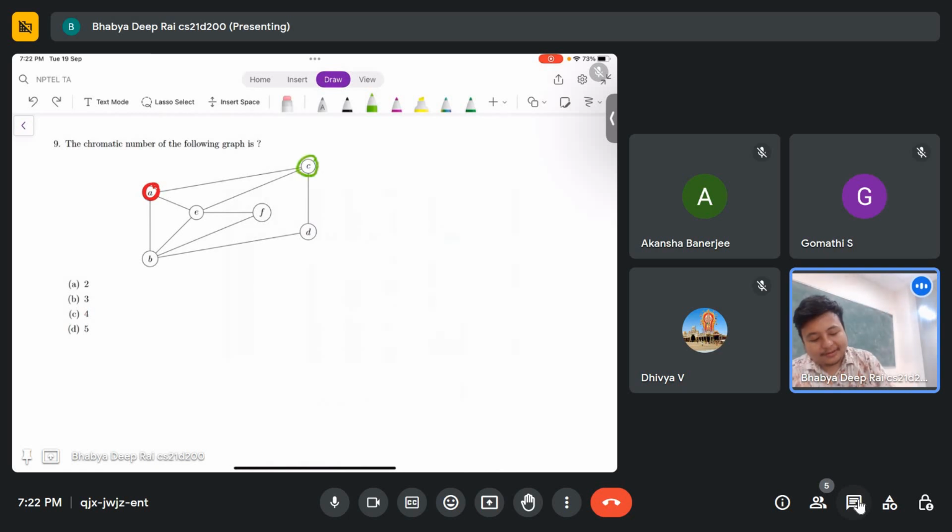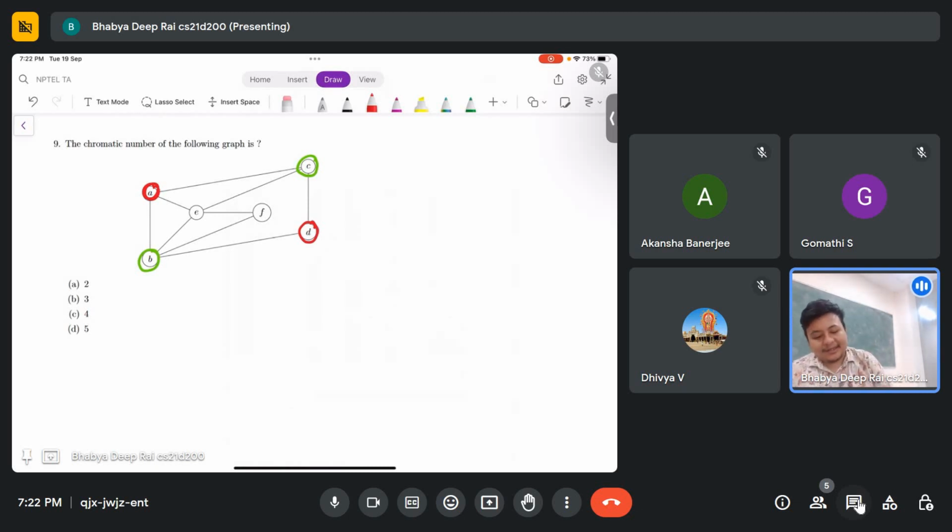Let me color C as green, and you know what? Then I can use green on B again. That's good, I want to minimize. And in D, I can use red again. So far I've only used 2 colors.